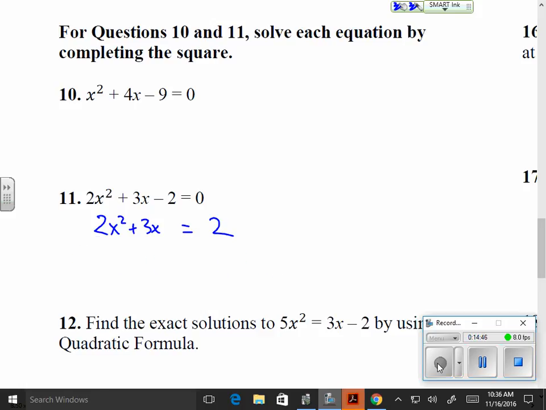Actually, that's vertex form. I'm going to divide everything by 2 and get x² + (3/2)x = 1.